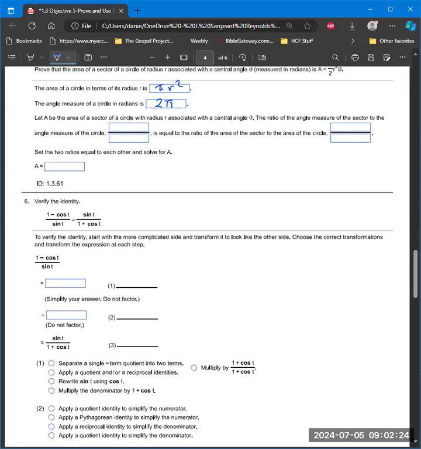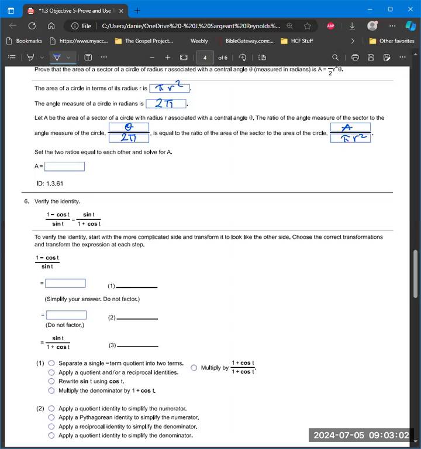The ratio of the angle measure of the sector to the angle measure of the circle, so what fractional part of the circle is it, is going to be theta over 2 pi, which is equal to the ratio of the area of the sector of the circle here, A, over pi r squared, like that.